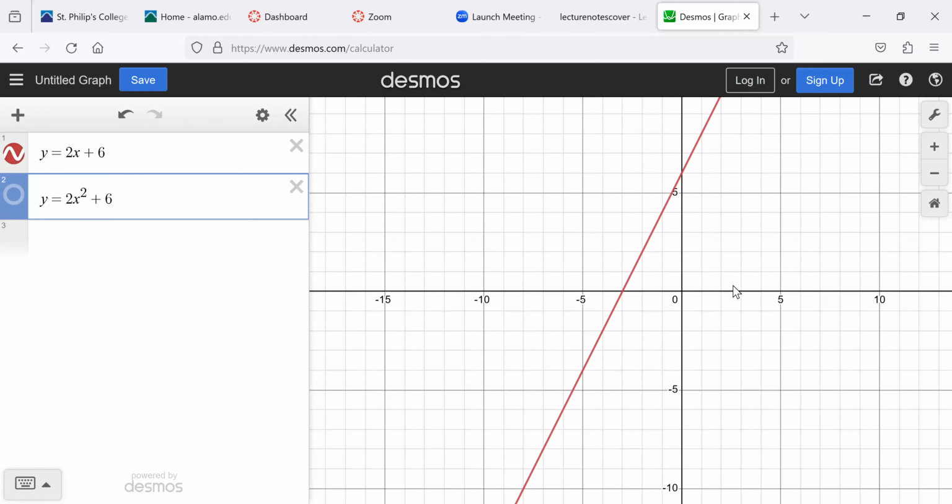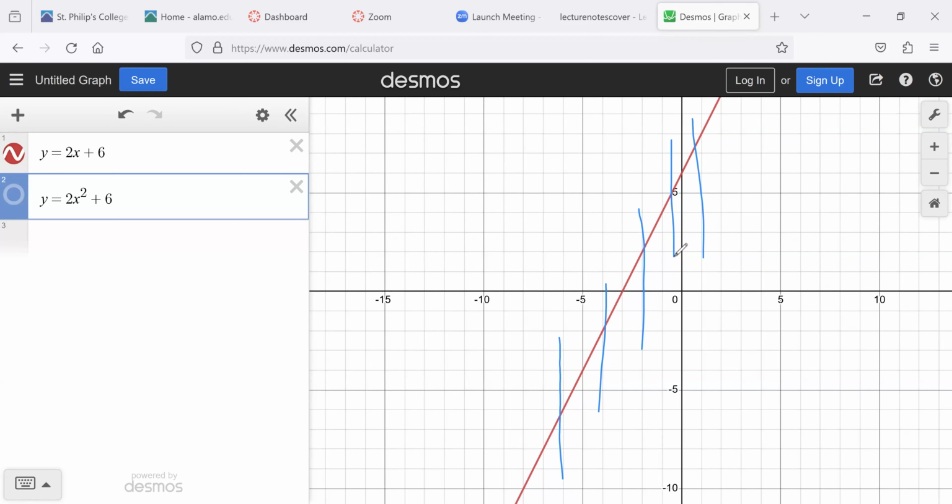So an easy visual way to check if a graph is a function is the vertical line test. It says if we can draw vertical lines through the graph everywhere and each line only hits one time, then yes, for sure it is a function.